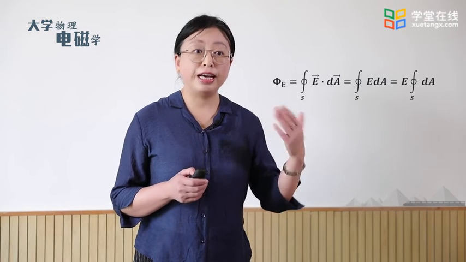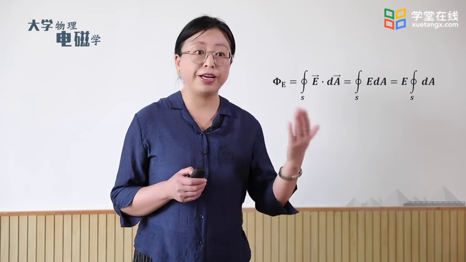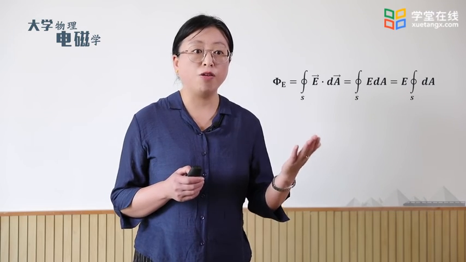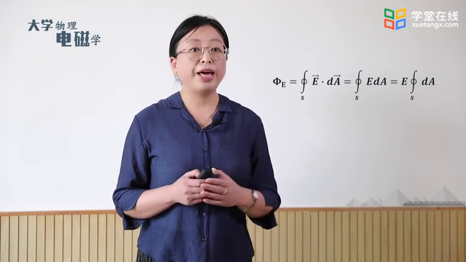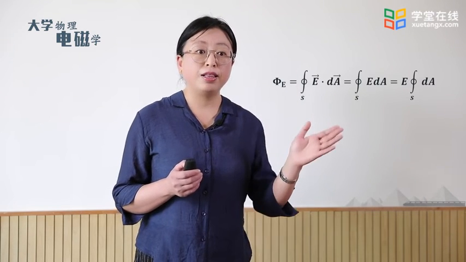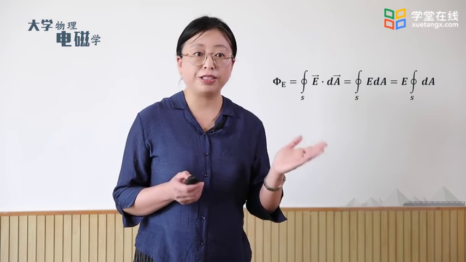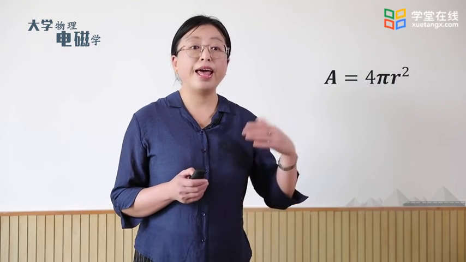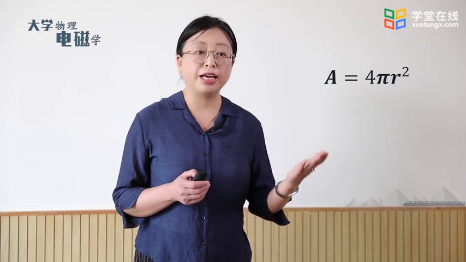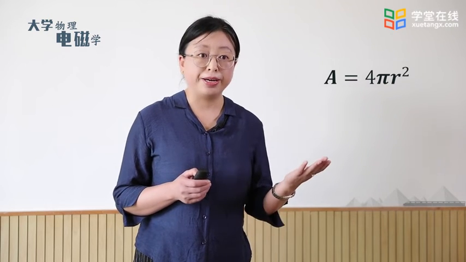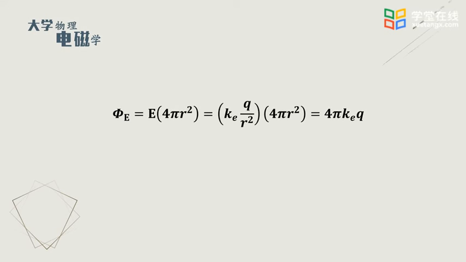Let's find the net flux through this spherical surface by the integral of E over the surface, where we have moved E out of the integral because E is constant over the surface. And the area of the surface of the sphere is 4 pi r squared. Substitute E and A and then solve for the net flux through the surface.